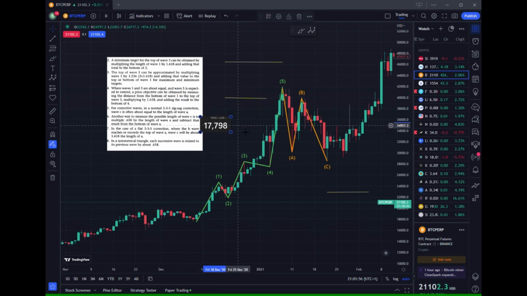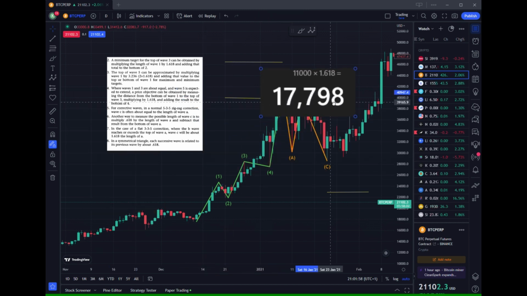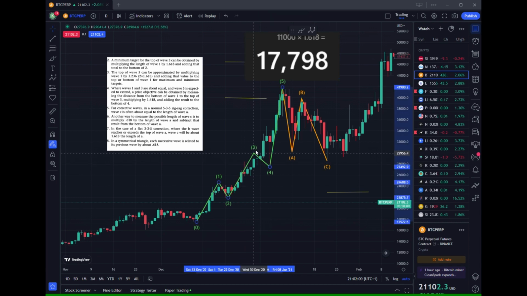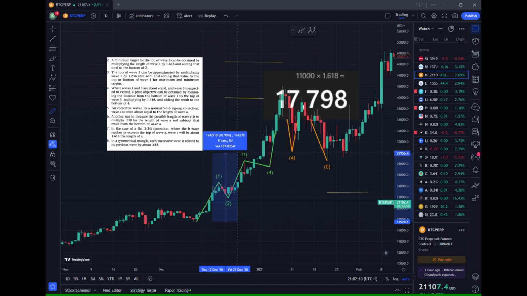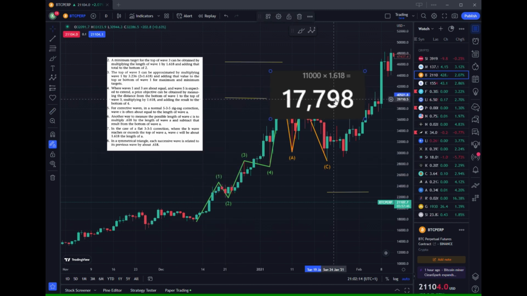So let's go to the third one, where waves 1 and 3 are about equal. And this is where I had the same problem again, because if I do it around here, then it's not equal at all. So that's why I put it here, because now these things are equal. So we take the difference from the bottom of the first wave to the end of the third wave, we get 11,000. If you do it times 1.618, we get 17,000. We need to add this to the bottom of 4.